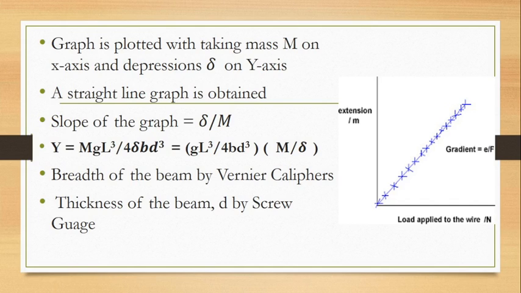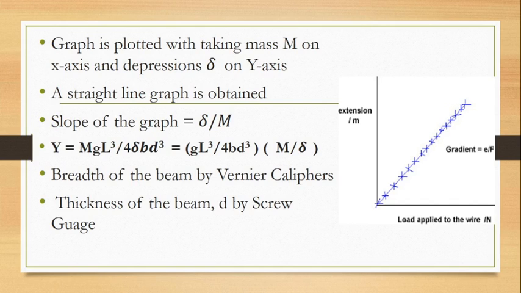And we can suspend a lot of weights and we can measure the depression of the pin using the traveling microscope. And with these values, we can plot a graph so that mass which is suspended is taken along the x-axis and the depression occurred for the pin or for the beam is denoted along the y-axis.